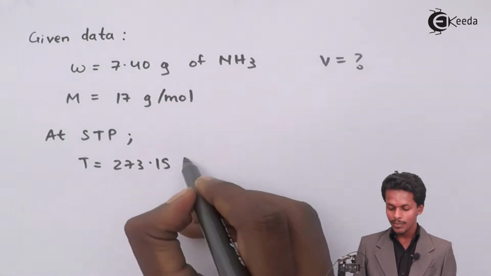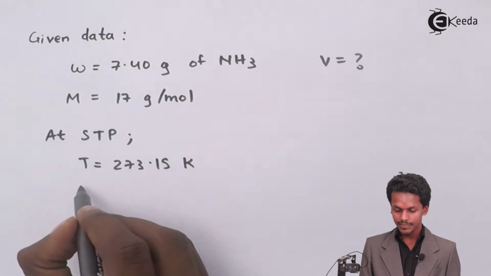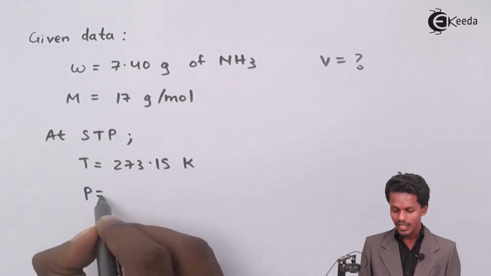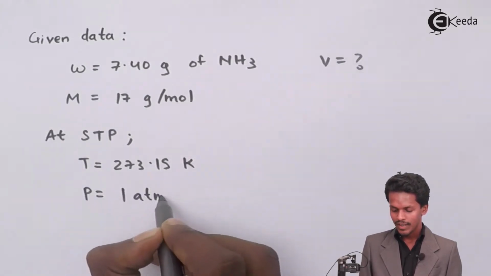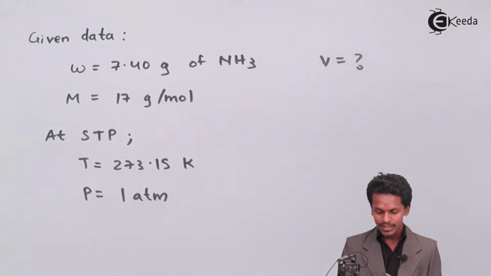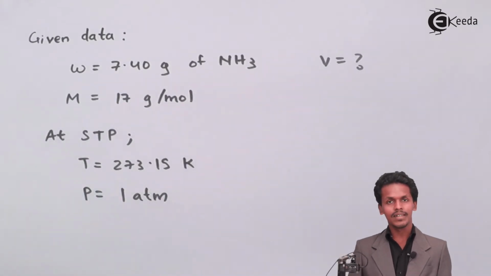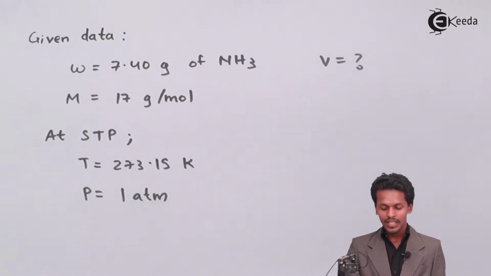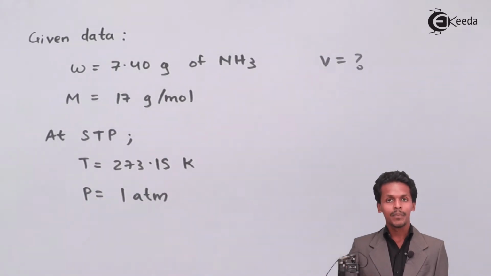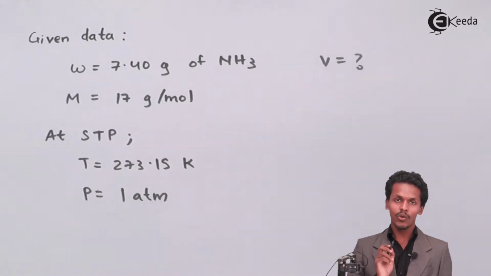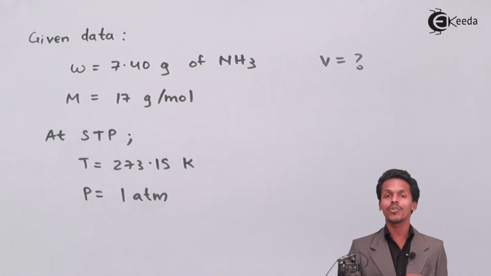When I'm talking about the pressure, it would be 1 atmosphere. Now everything has been provided to us and we have to calculate V, but one thing is missing, that is the value of R, and this plays a very important role.